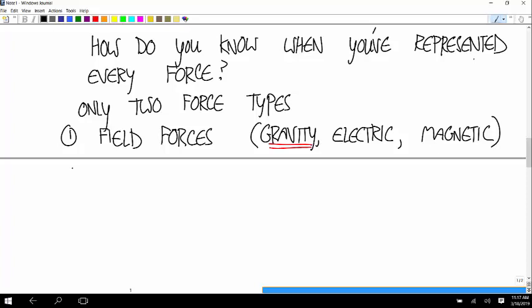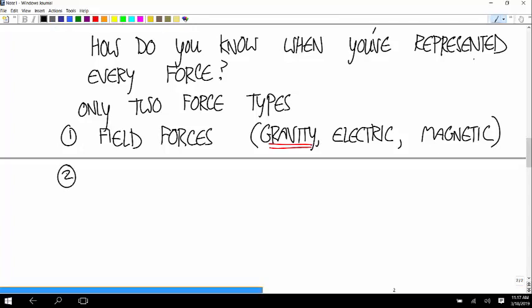And then the second one is, oh, by the way, force fields sound really cool in comic books and stuff, but all a force field means is that the force applied, whether by gravity or the electric field or the magnetic field, is known as long as you know where the object is.